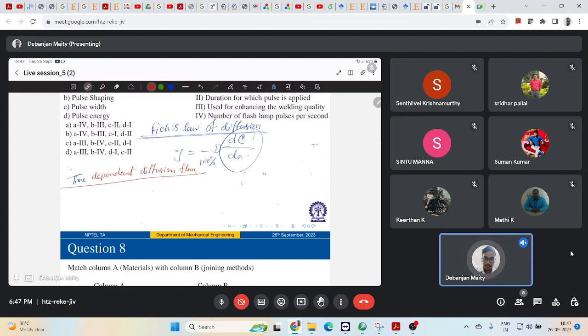So what is there for time dependent diffusion flux? You have J equal to M by A into t. What is M? M is my mass or amount of atoms being diffused. A is my cross sectional area, and t is time, right?